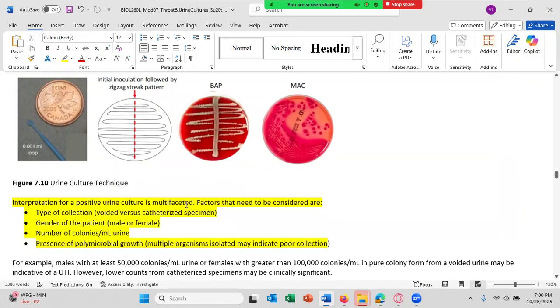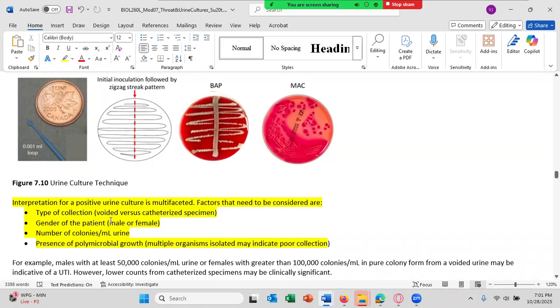Anyways, the positive urine culture is multifaceted. Factors that need to be considered are the type of collection. Clean catch midstream will be much more contaminated than catheterized specimen, which would be much more contaminated than suprapubic aspiration. The gender of the patient has to be considered.